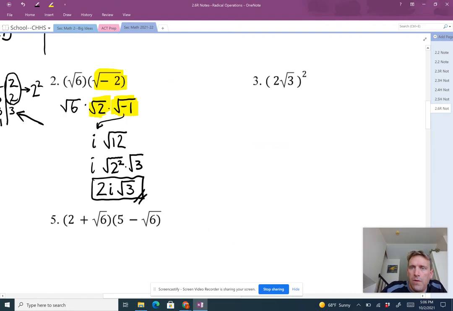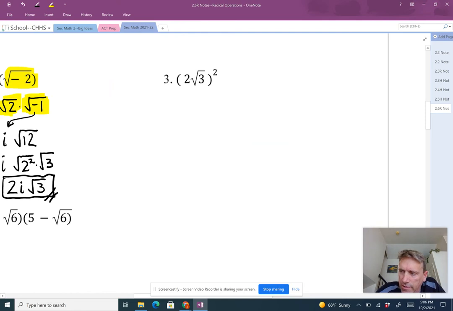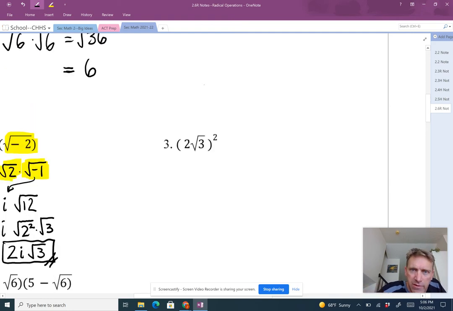All right, let's look at number 3. 2 times the square root of 3, squared. Now, because this is a product, another rule that we have talked about in the past is that if you have a times b squared, that's the same as a squared times b squared, or any other exponent.